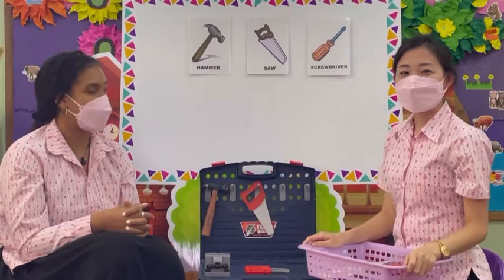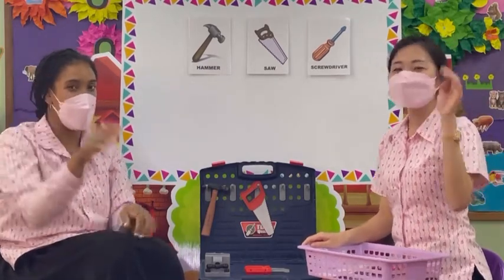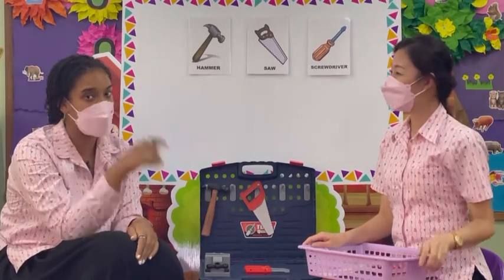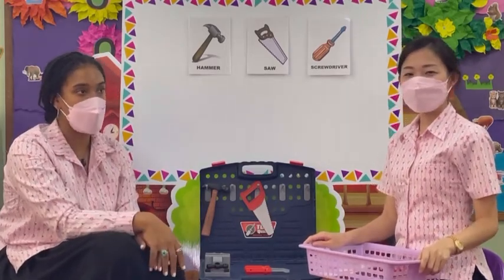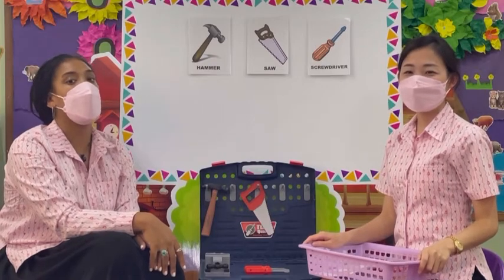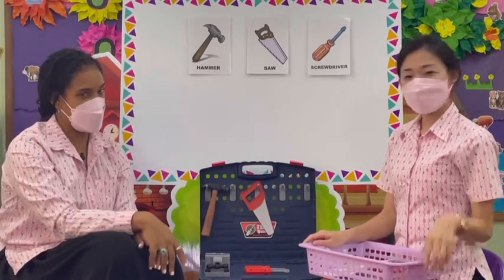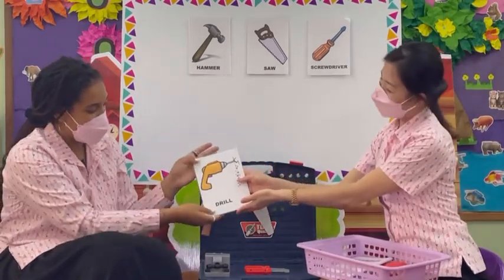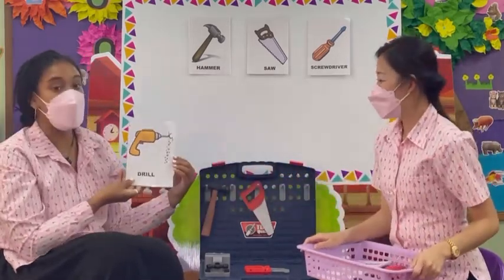Okay, next. So our tool number 4. What could it be? Now this is an electrical tool. So this is something that we use using electric. What could it be? What is it? Ta-da! Wow, here we have a drill.